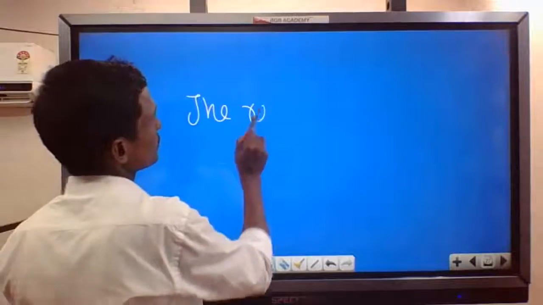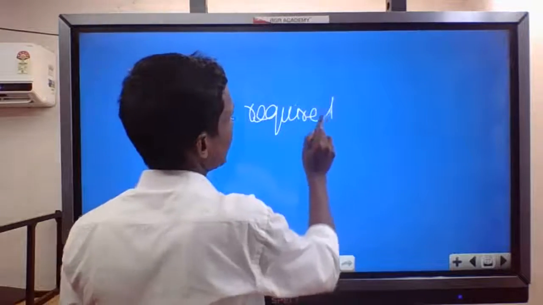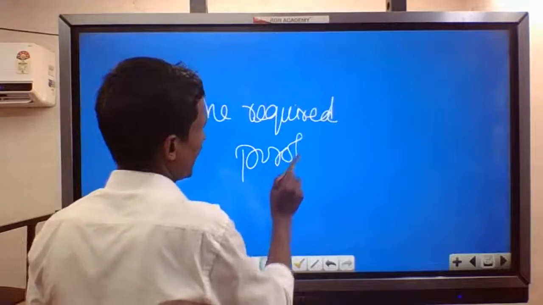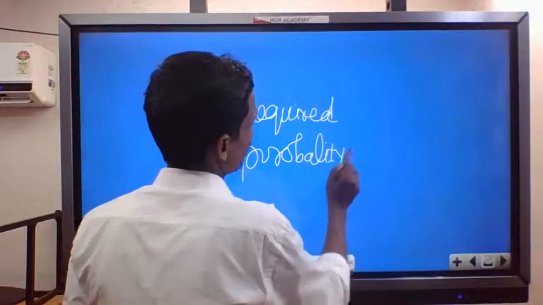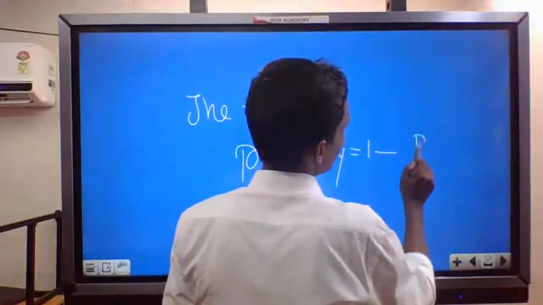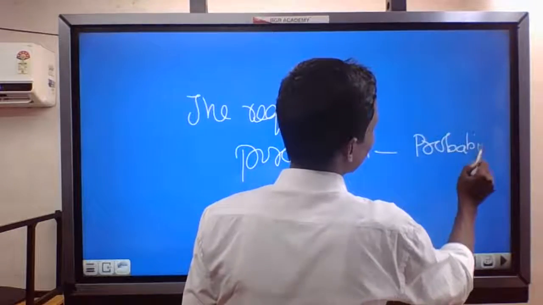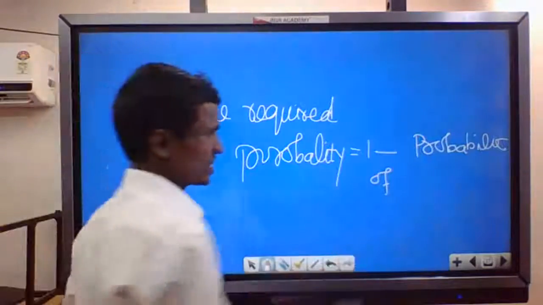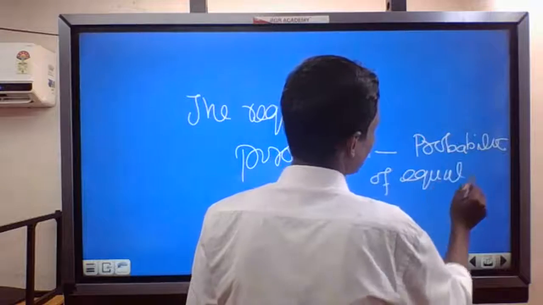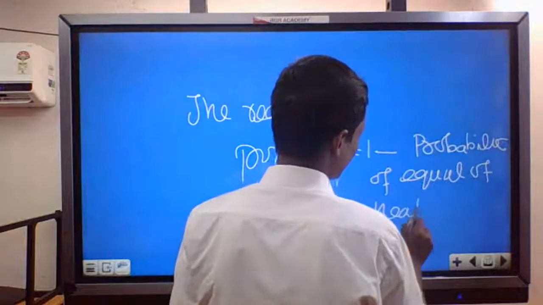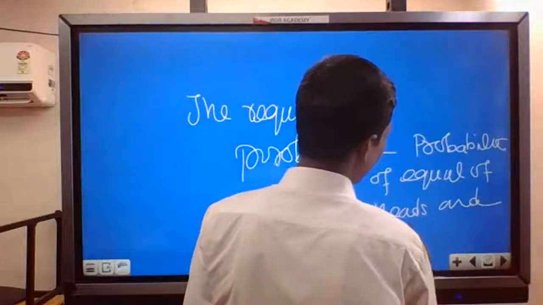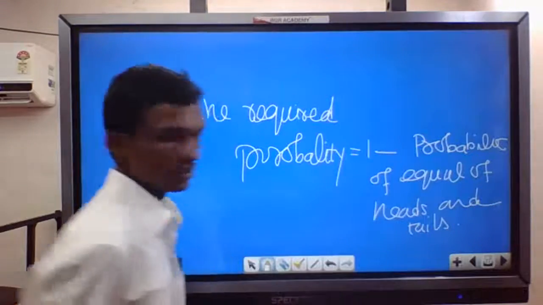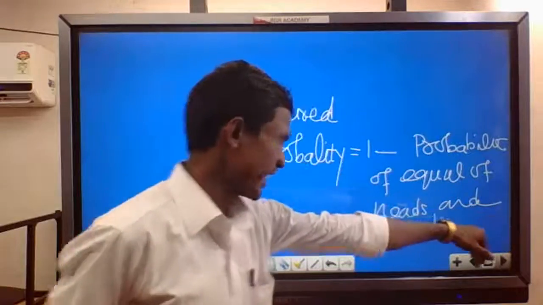The required probability is equivalent to 1 minus the probability of equal number of heads and tails.